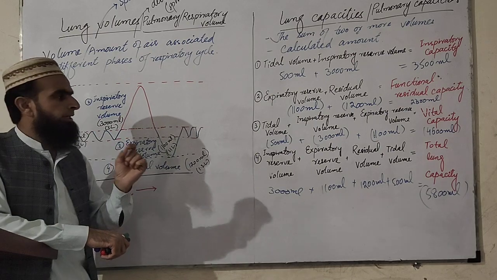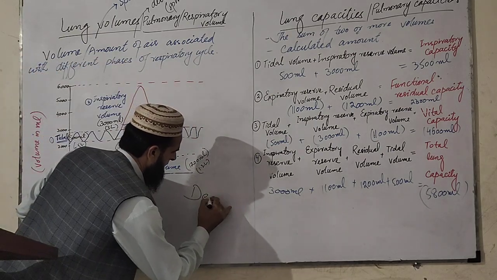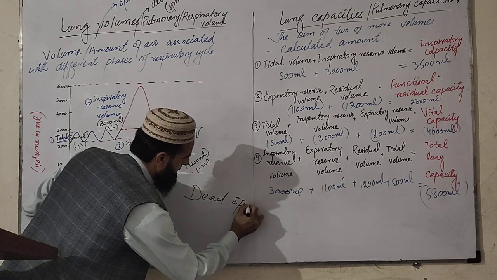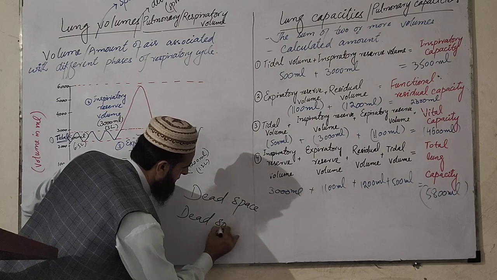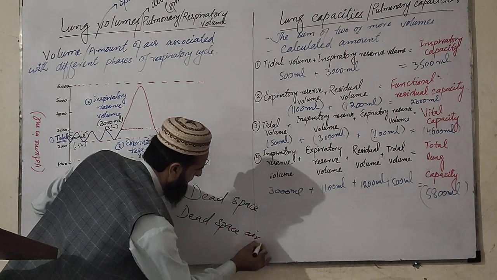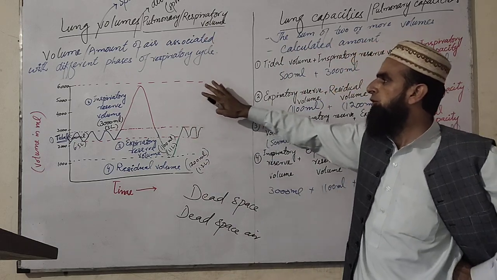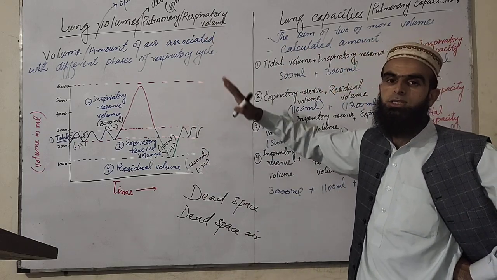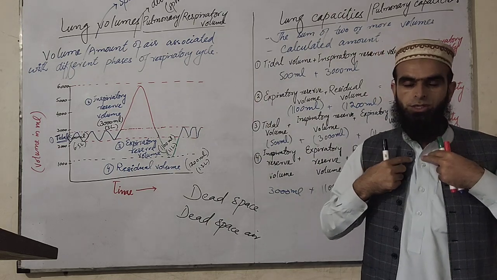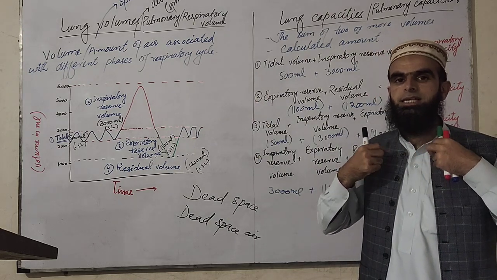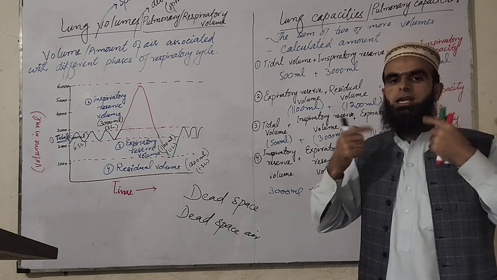One thing which has to be discussed here is dead space, and dead space air. Other than the lungs, these are the volumes which have been discussed with respect to the lungs. Some of the air also resides inside your bronchi, trachea, and the larynx.